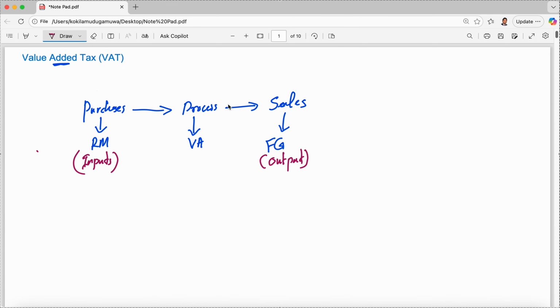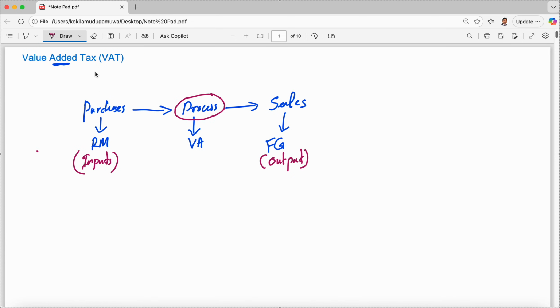So input, process, output. You can see the business process. Input raw material, processing, and output.